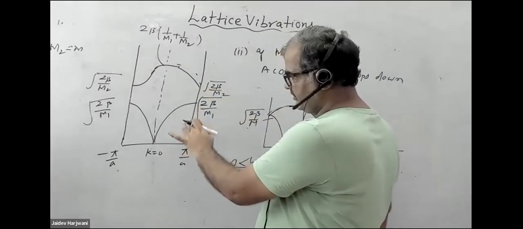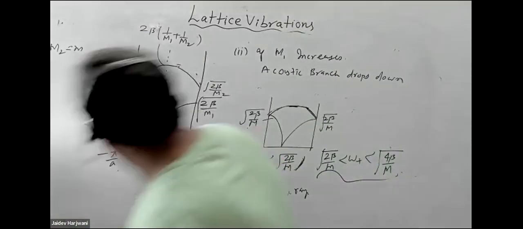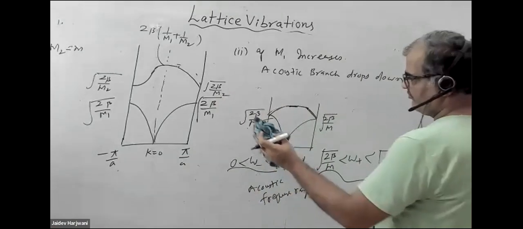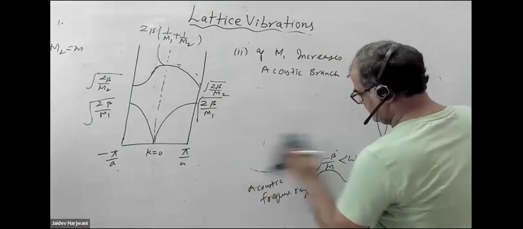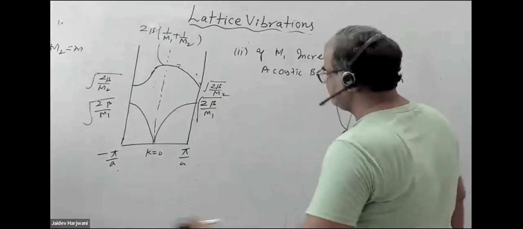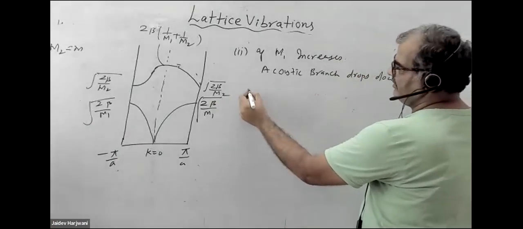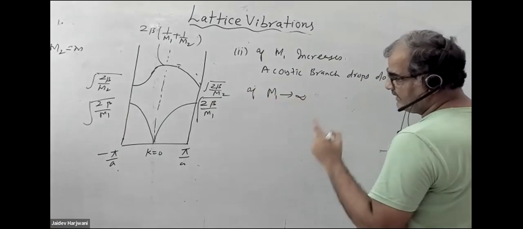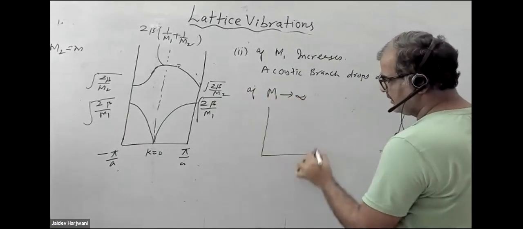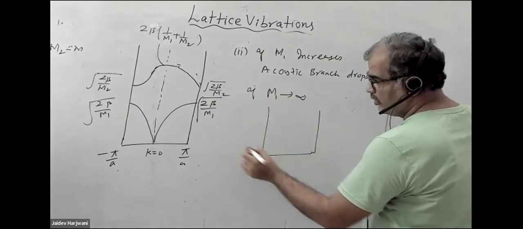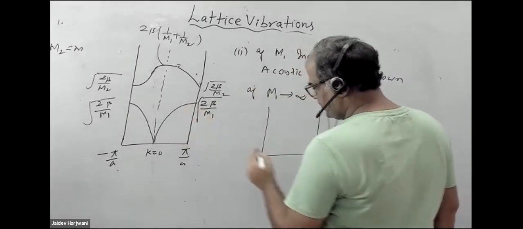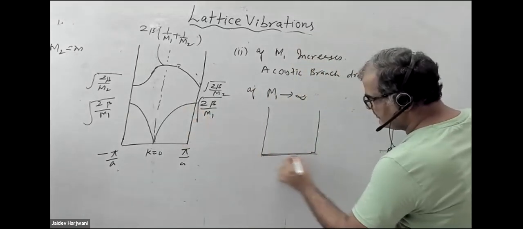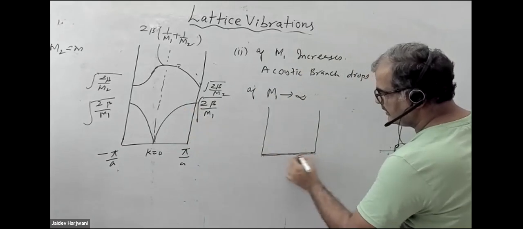Okay, it comes down, and if m1 tends to infinity, in that case what will become? This whole branch becomes 0. This acoustic branch will become 0 here.